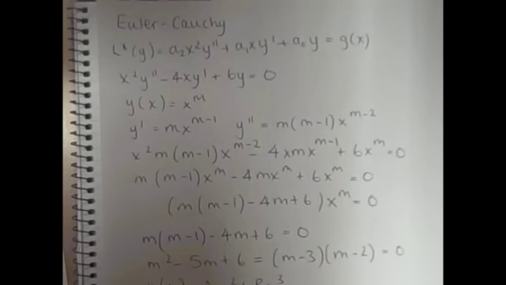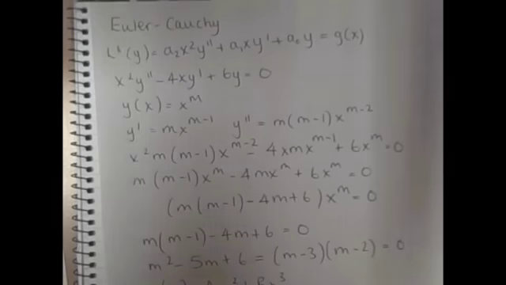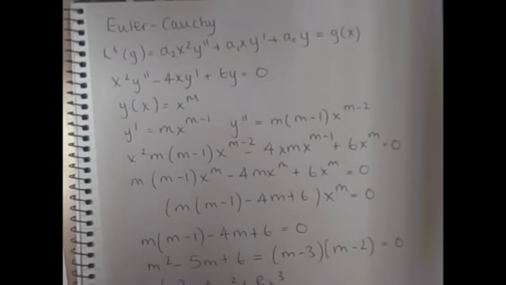So y' by sub in x gives us 2ax + 3bx². Subbing in the 1 gives us 2a(1) + 3b(1)², which equals 2a + 3b, which equals 1.